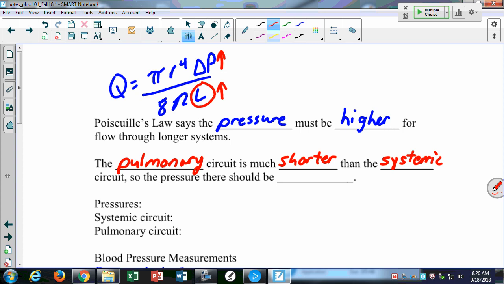It's a tiny little short thing, a little jaunt over to the lungs to pick up what it needs and then to come back. But the systemic circuit is a lot longer. You got to go down to the feet, up to the head, all the way up to the ends of the arms. So because pulmonary is so much shorter, the pressure there should be quite a bit less, because L is small for the pulmonary circuit.